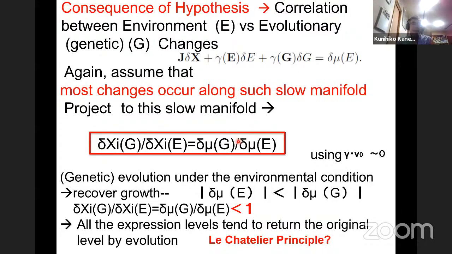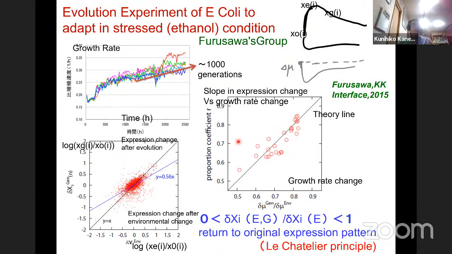And we can check this directly by evolution. This is a nice experiment by Chikara Furusawa. He put this E. coli under environmental stress, and then introduced mutational change over generations, and the growth rate is recovered. Then we can measure the transcriptome change, the messenger RNA concentration change, at each generation.